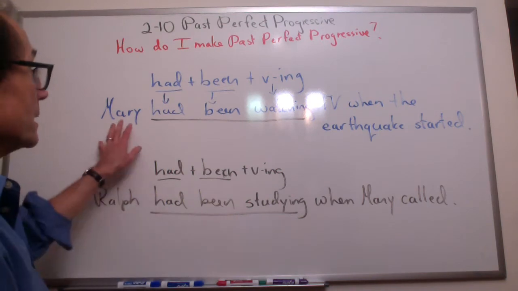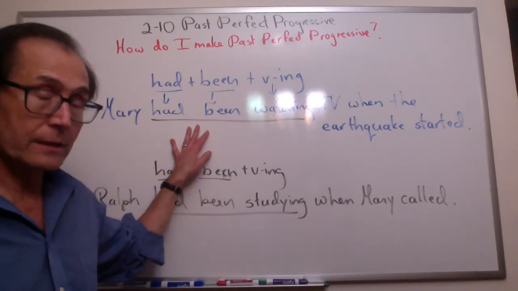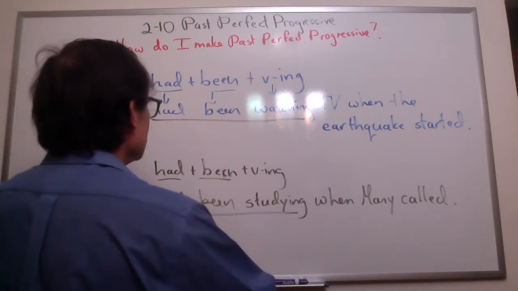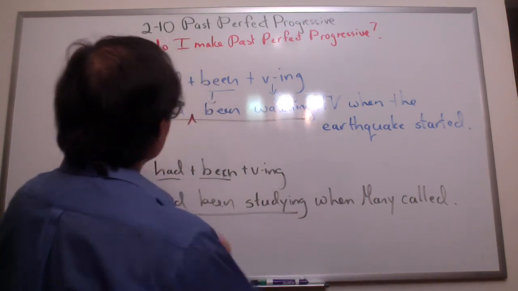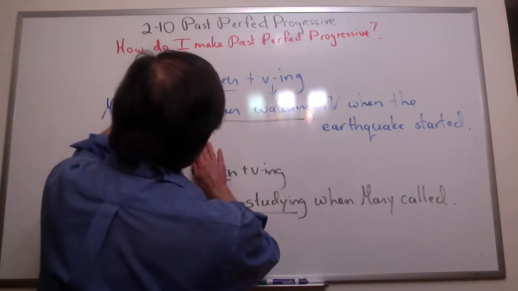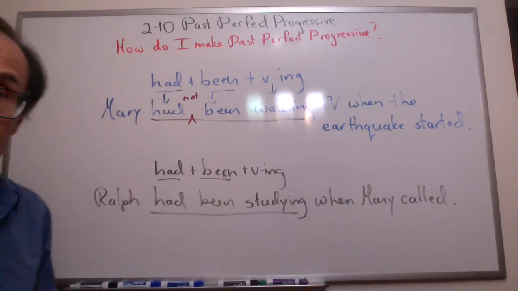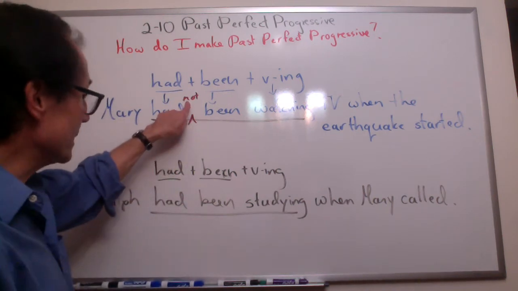So let's say Mary wasn't watching TV. Maybe she was cooking. So if I want to say, no, not watching TV, I just add the not after the word had. And I could say, Mary had not been watching TV when the earthquake started. So very easy to make it negative.